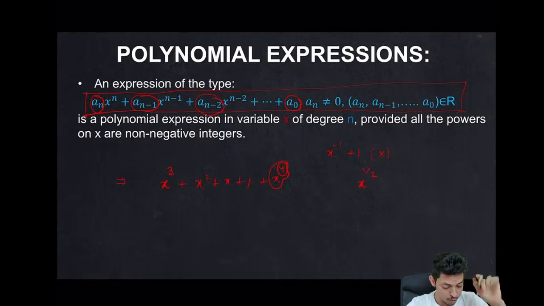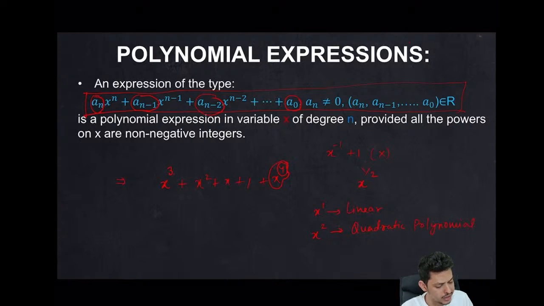As long as the highest power is 1, this polynomial will be called a linear polynomial. If the highest power in a polynomial is 2, it will be a quadratic polynomial, or we will say a second degree polynomial. It has a mathematical term, and this is what will be mostly used.